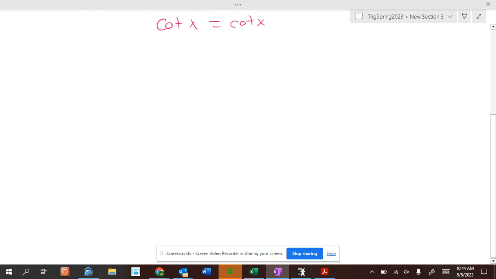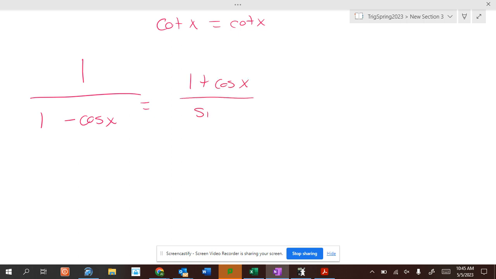So what if we had 1 over 1 minus cosine of x equals 1 plus cosine of x over sine squared of x? What's our magic word for this one? Conjugate. There you go, Cadence. Because if we have a subtraction in the denominator and addition in the numerator without any other addition or subtraction anywhere, multiply by the conjugate.